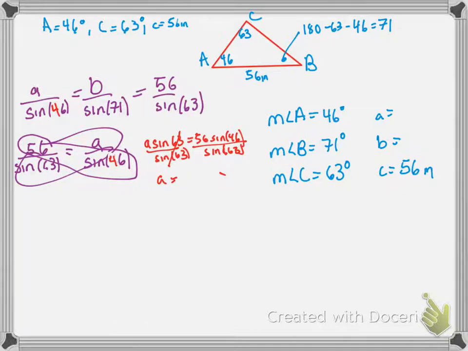Okay. So here we have sine 46 times 56. So in my numerator, I have 40.2830 divided by sine of 63.